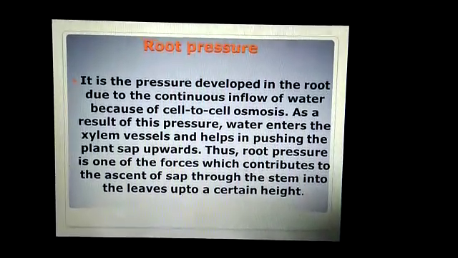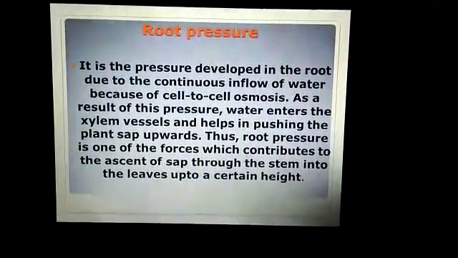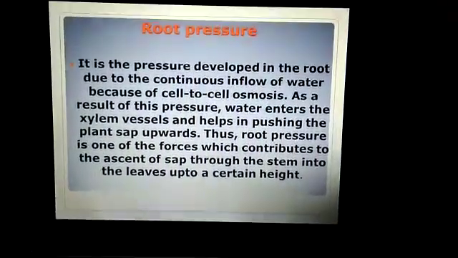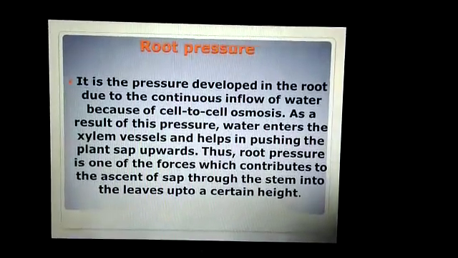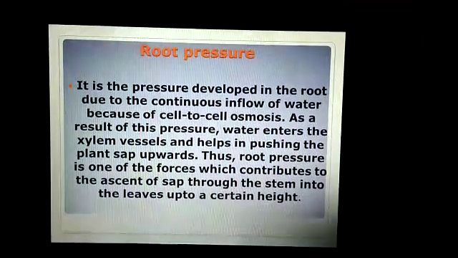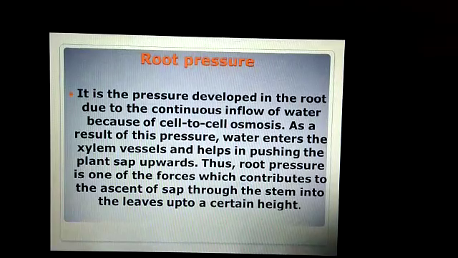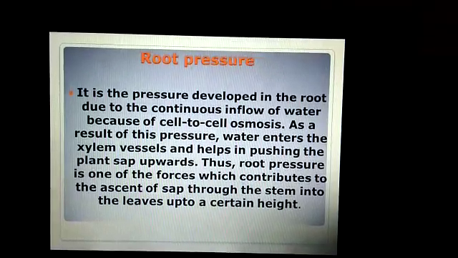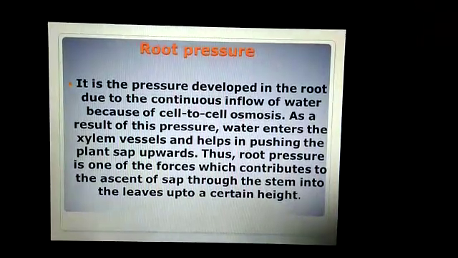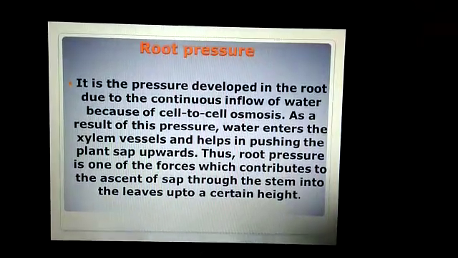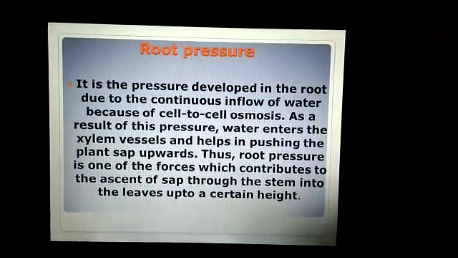In the previous slide, you have all seen that water is absorbed, and after absorption cell to cell diffusion also occurs, and ultimately it reaches the xylem tissue. But from the xylem, the water and minerals are still in the root section, and from the root section they need to reach the upper part of the plant, which is done by root pressure.